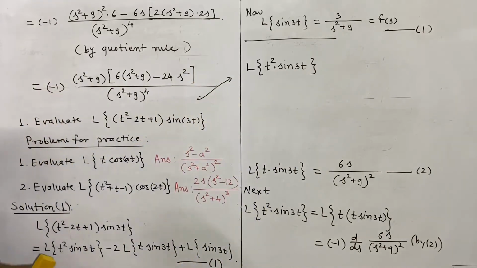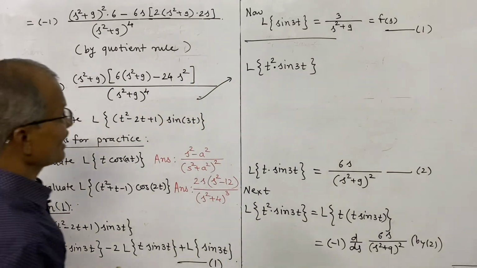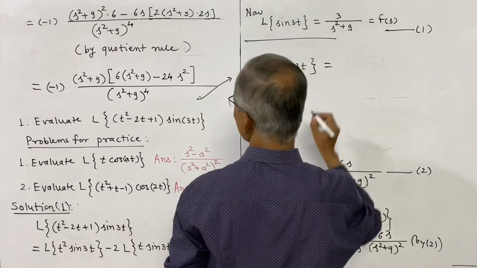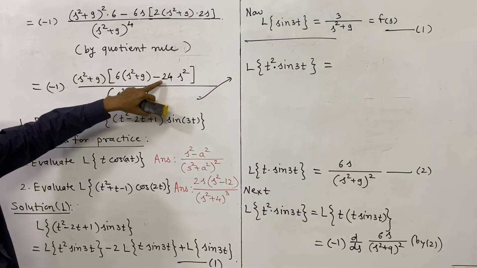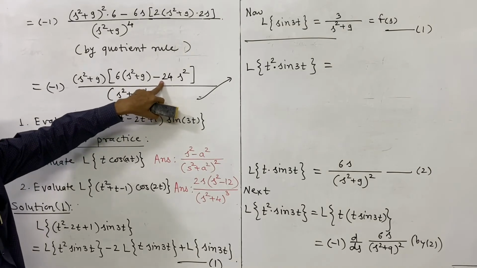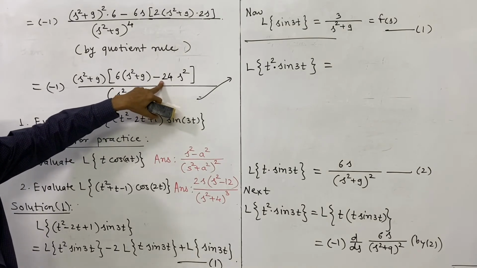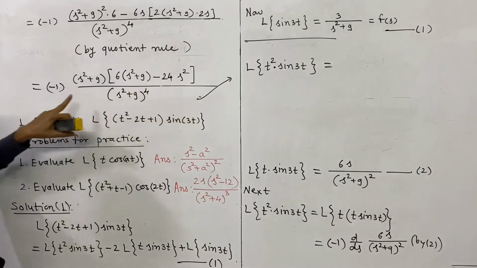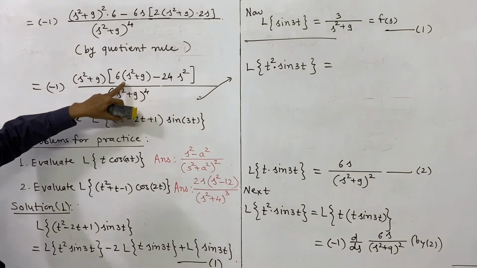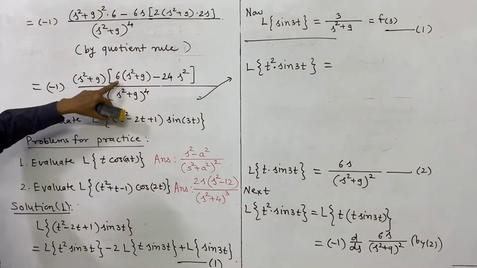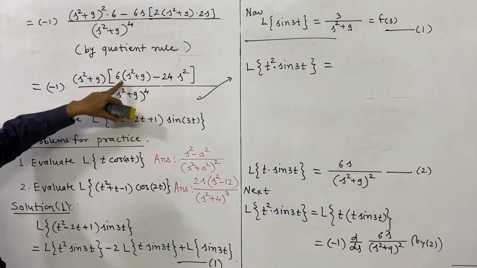is equal to, after cancelling this term it is minus, now you see minus, and in bracket it is 6s square minus 24s square. 6 minus 24 is minus 18, and that minus sign it becomes plus 18s square, and further it is 6 into 9, that is 54.